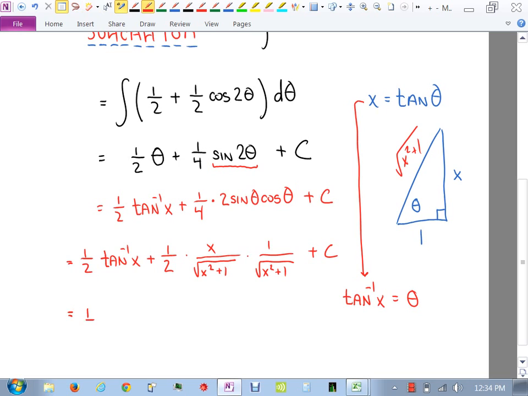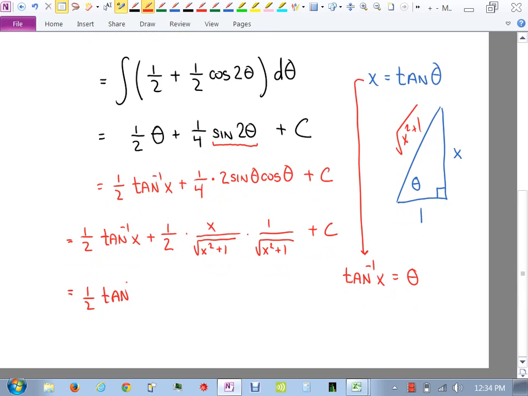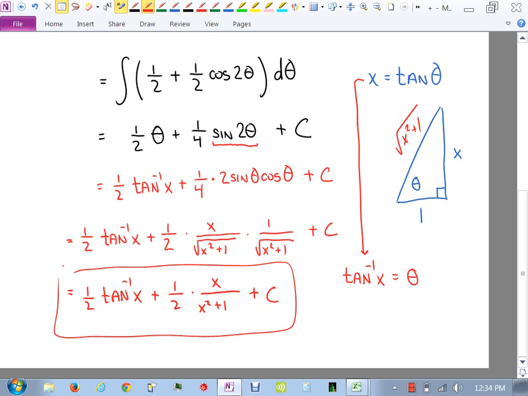So this is 1/2 arctan x plus 1/2 x over x squared plus 1 plus c. And we are done.